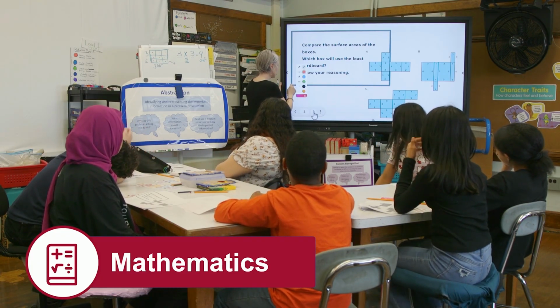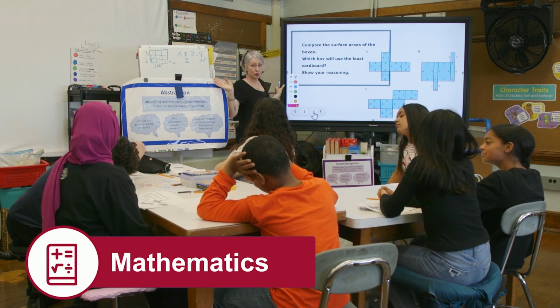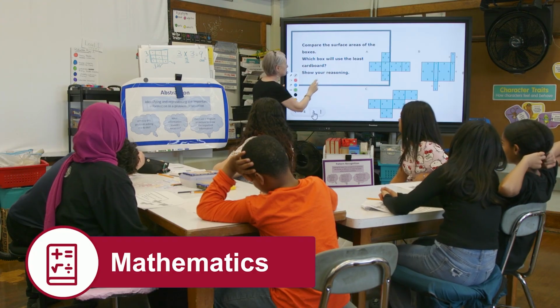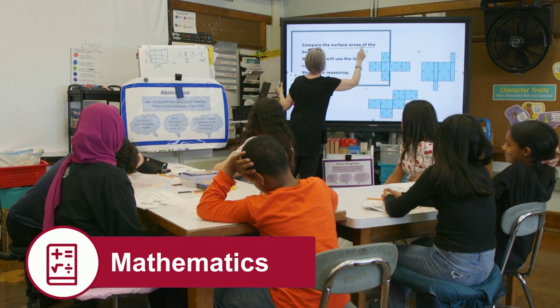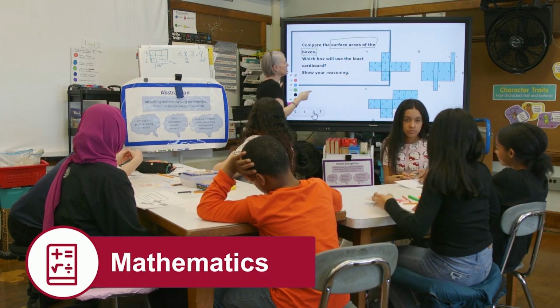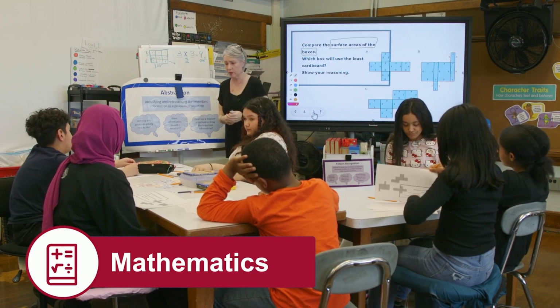I love that you said brainstorm, except brainstorm is good for thinking of which strategy we would use, or it's good in writing, but what about how can we compare the surface areas of the boxes? Does it give us the surface areas of the boxes?